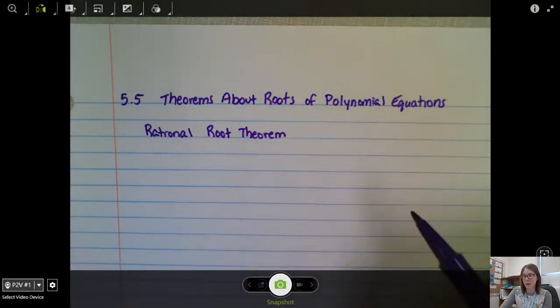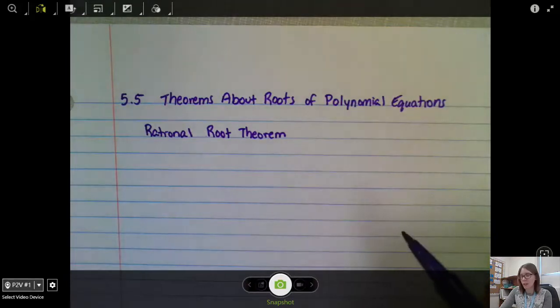This rational root theorem makes solving certain polynomial equations really, really easy, especially the ones that before maybe we weren't able to solve algebraically. This rational root theorem makes it so we can.